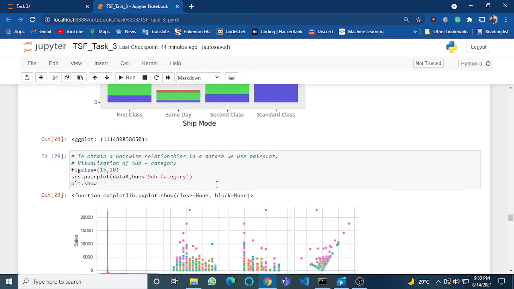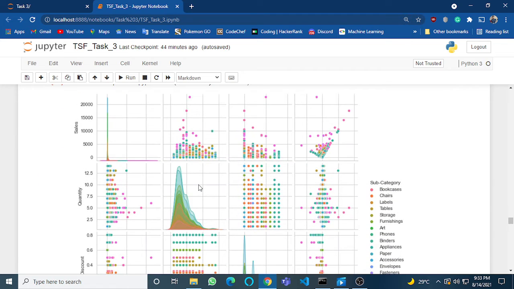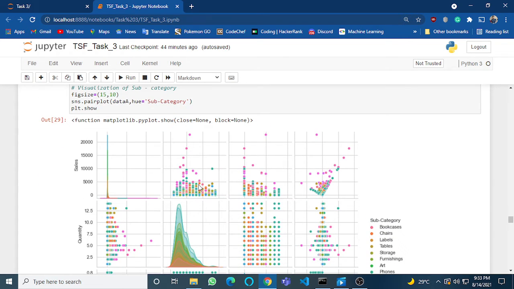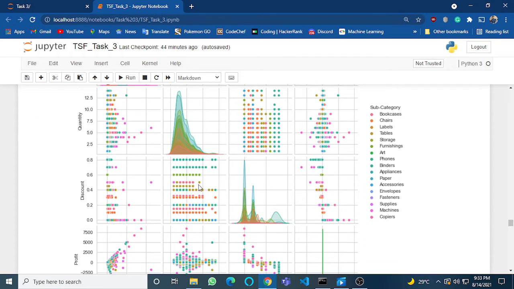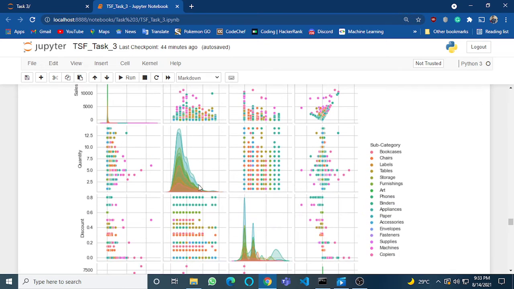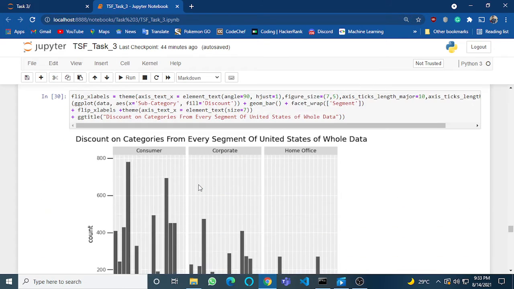And next I have done the visualization of the subcategory to obtain the pairwise relationships in the data. For that we use a pair plot, and the pair plot gives us the distribution of these categories, and it gives a very detailed description as we can see here, and also we can draw some insights from it.